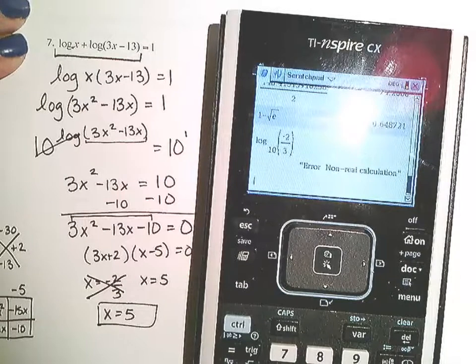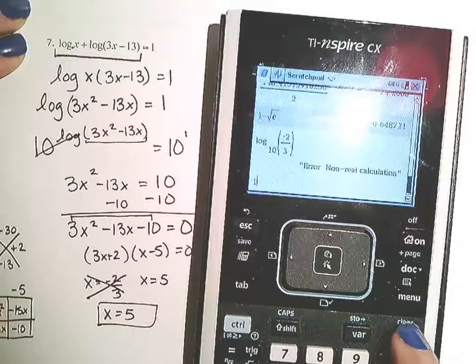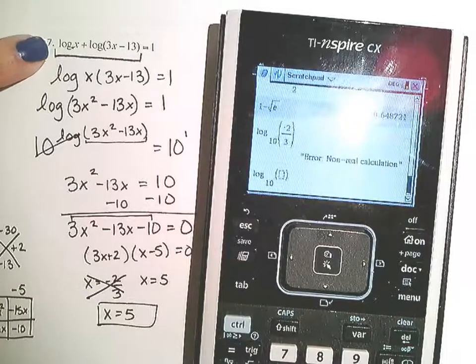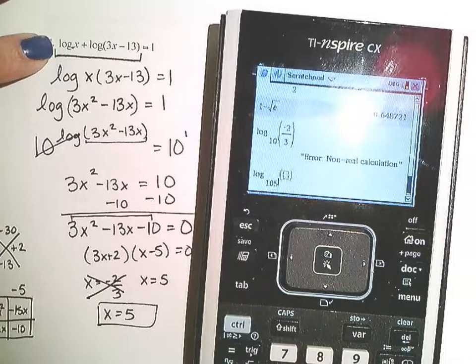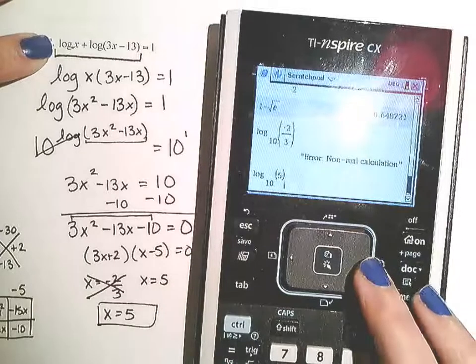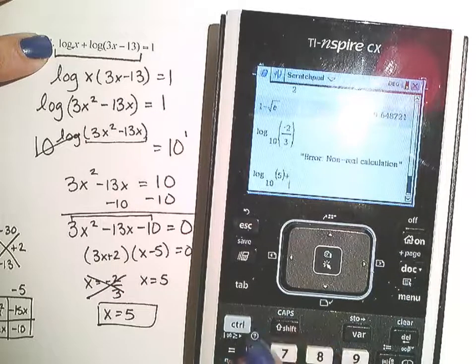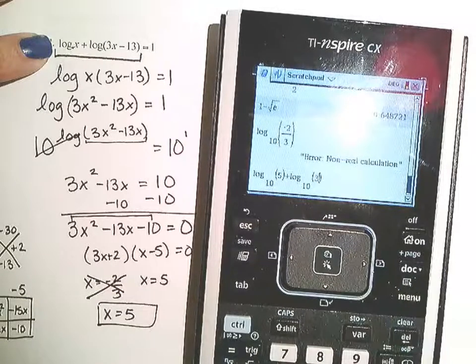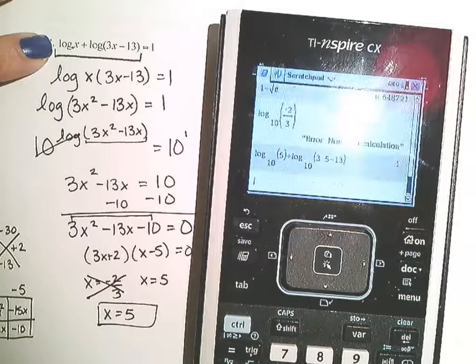But if you do log base 10 of 5 plus log base 10 of 3 times 5 minus 13, and you get 1, so it checks out.